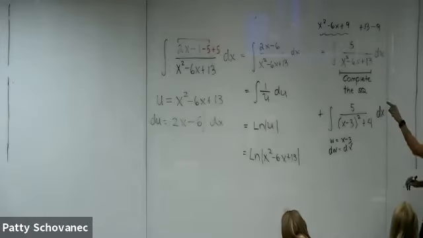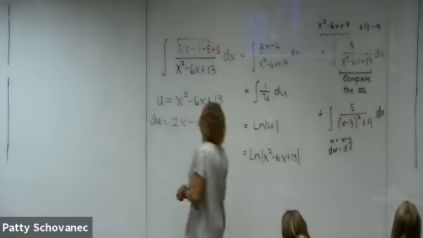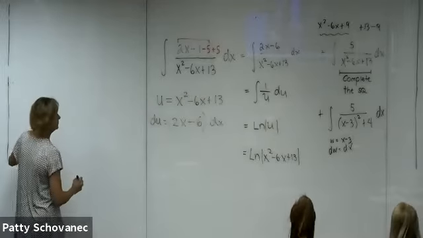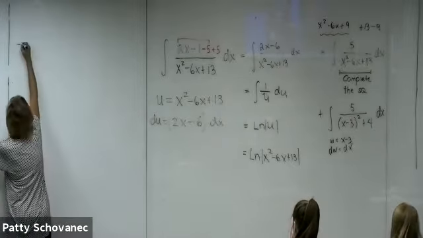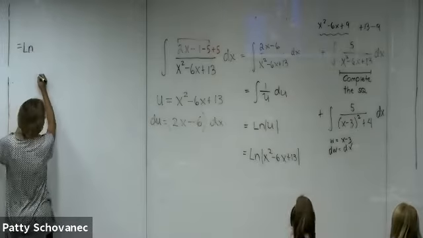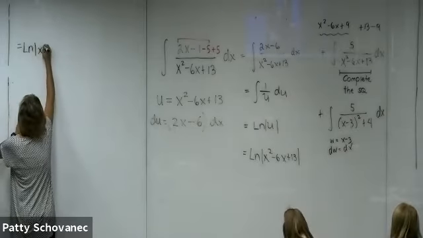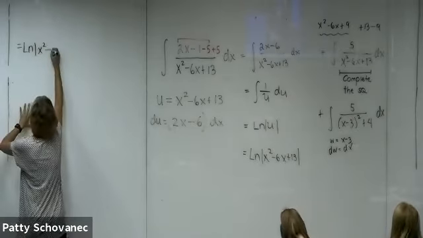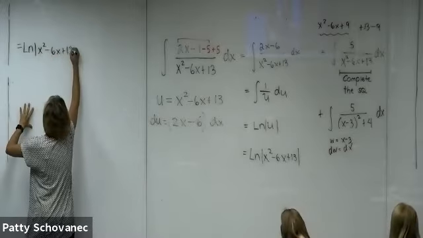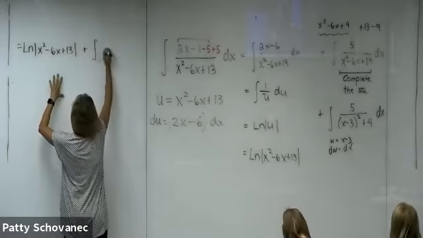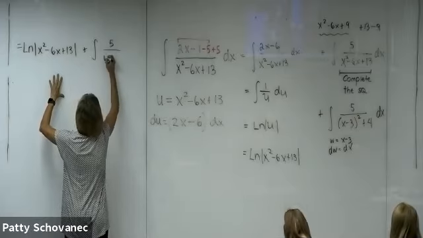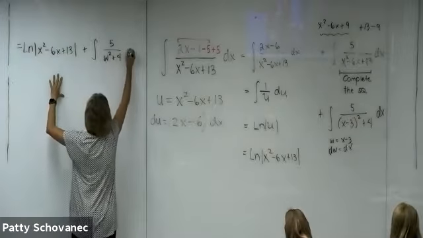And so I still have my natural log of whatever, let's tally that along. And then my w substitution gives me 5 times the integral of 1 over w squared plus 4 dw.